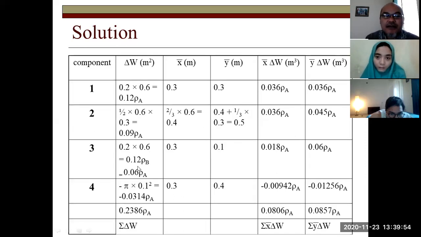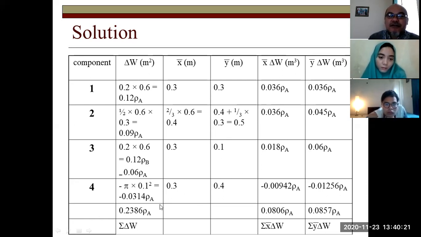So after we express the delta W as the multiplication of the area times the density, rho B, we change the rho B into rho A using that relationship that rho B is half of rho A. So this equals 0.06 rho A. Then we do a similar calculation as the above row.